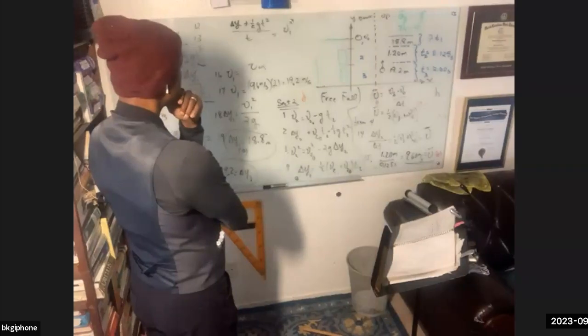Because we could look at the 1.2 meters, that given value, as y2 minus y1, right? And then the time that it gives us, the 0.125 seconds, we can look at as t2 minus t1. See what I'm saying?